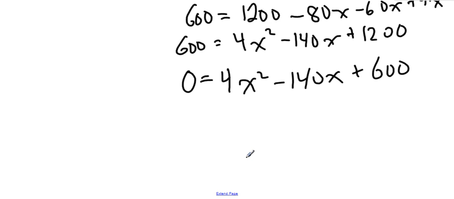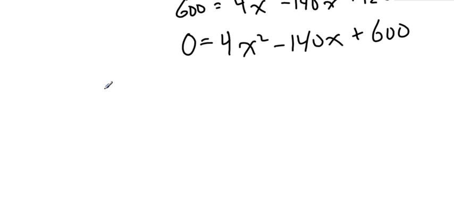We could certainly try factoring, but let's just use the quadratic formula. I know a lot of you probably would have done that method, and this way you can check that you've done your math right. Let me fix that.